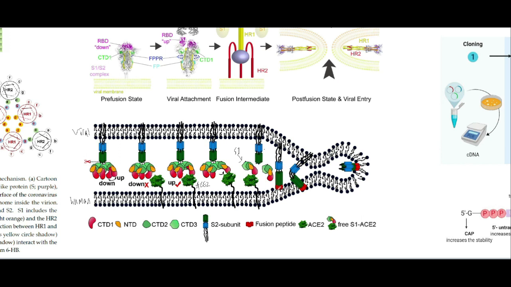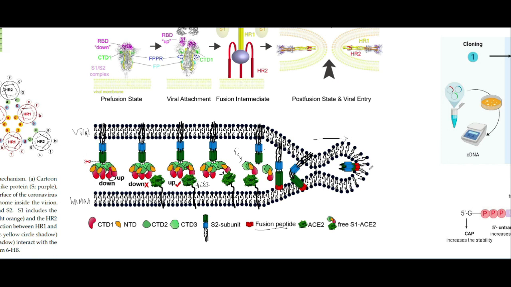It spreads out. The fusion peptide now binds to the human cell membrane, and now it starts bending over, which brings the two membranes close together, which is going to a different step.